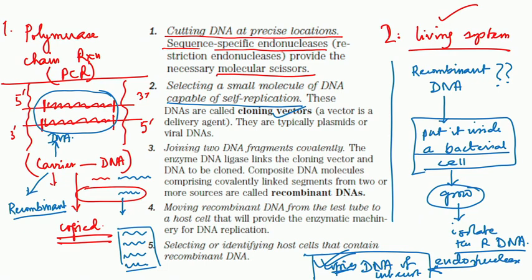How will you ensure that it has been attached? Because when you have this vector DNA, some of the vector DNA will remain without any attachment from outside, and some of the vector DNA will be attached to this external DNA.